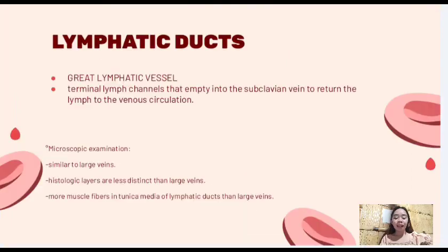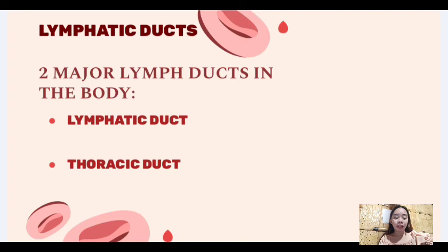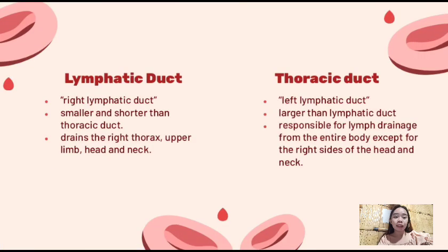Our lymphatic ducts are the great lymphatic vessels in our body. They empty the lymph into one of the subclavian veins. There are two major lymph ducts, which are the right lymphatic duct and the thoracic duct.